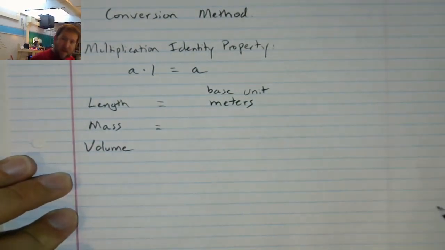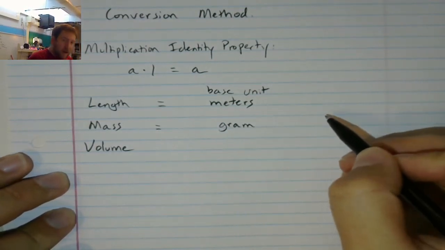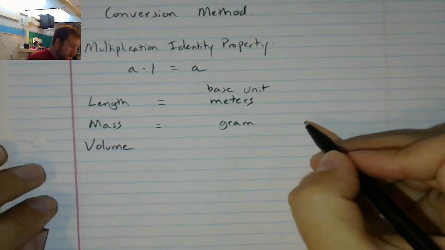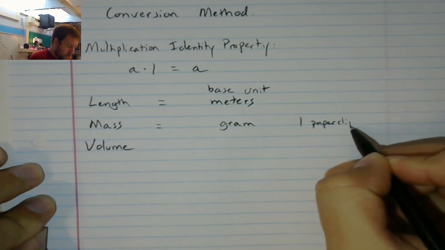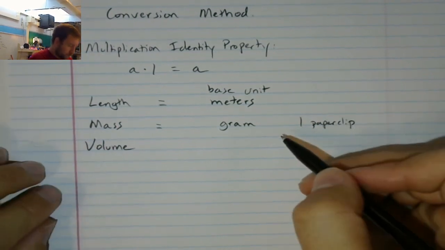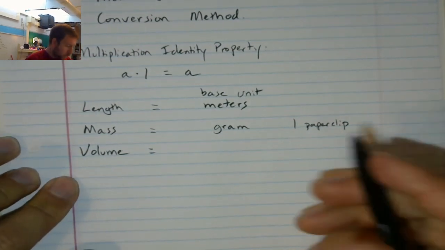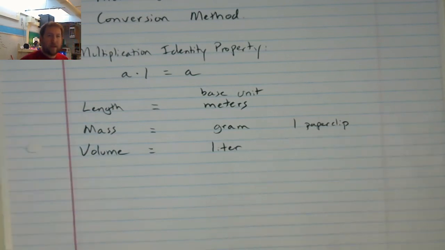Our mass, our basic unit, is going to be the gram. And the gram is, I like to think of it as about 1 paperclip. So it's pretty small. And our volume measurement, we're going to call a liter. And a liter is, if you ever have a 2-liter can of soda.